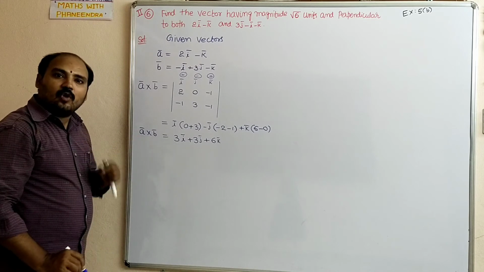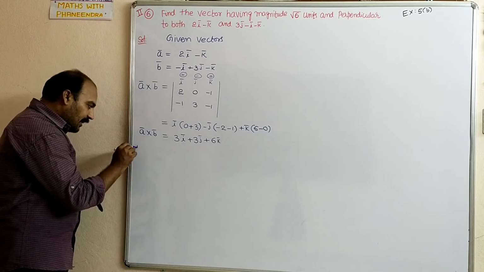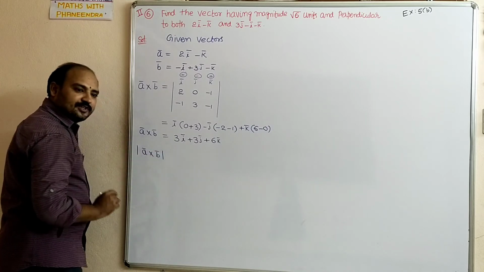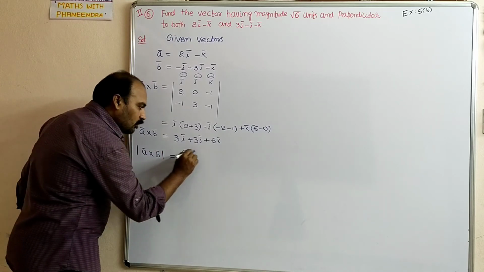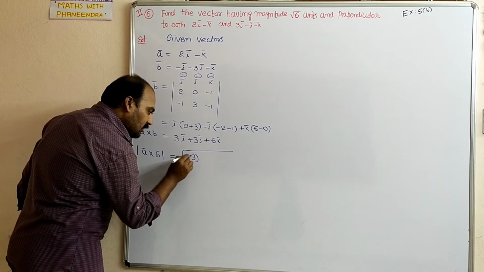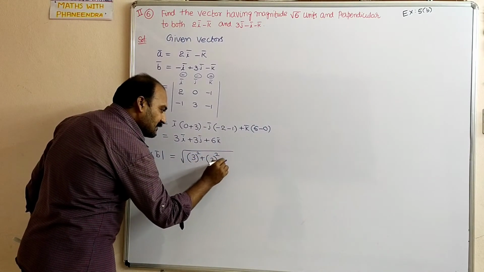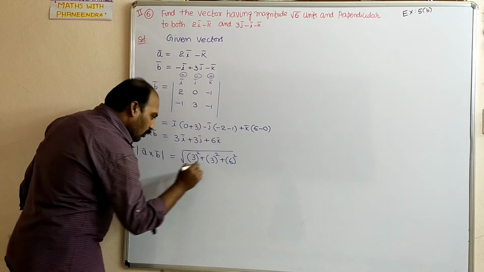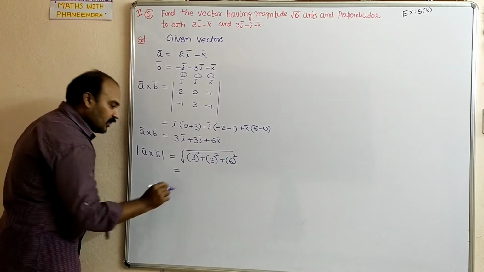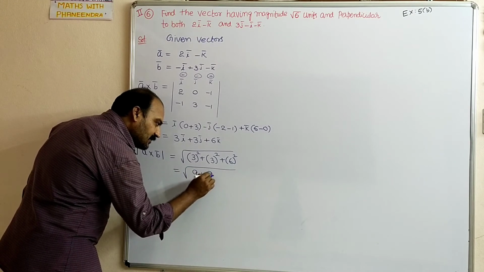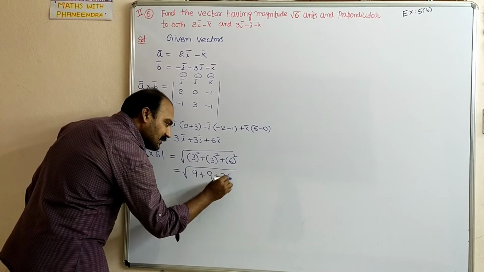After getting the value of a bar cross b bar, calculate the magnitude, modulus of a bar cross b bar, which is equal to square root of 3 square plus 3 square plus 6 square, which is equal to root of 9 plus 9 plus 36.